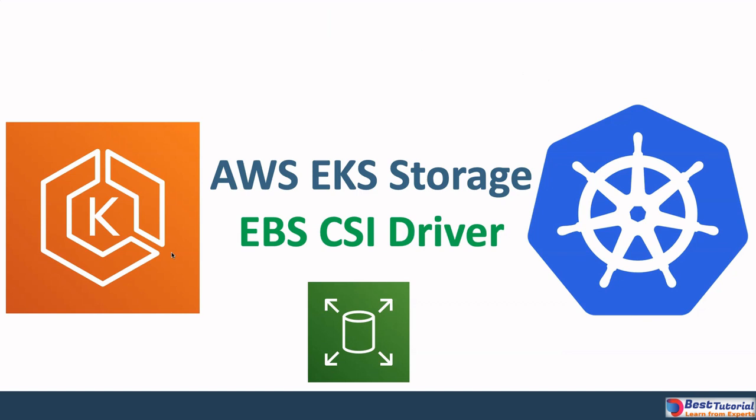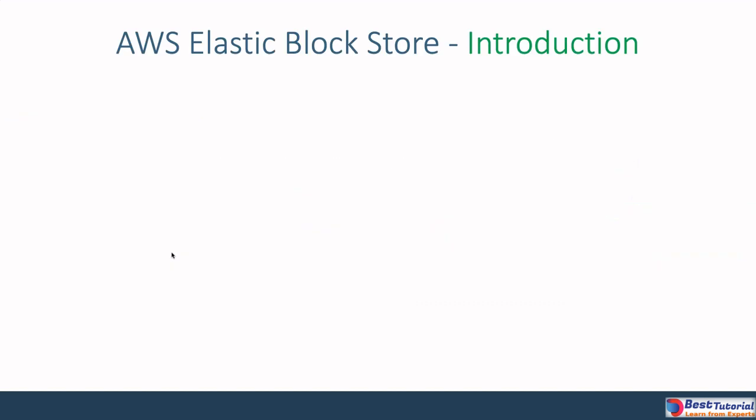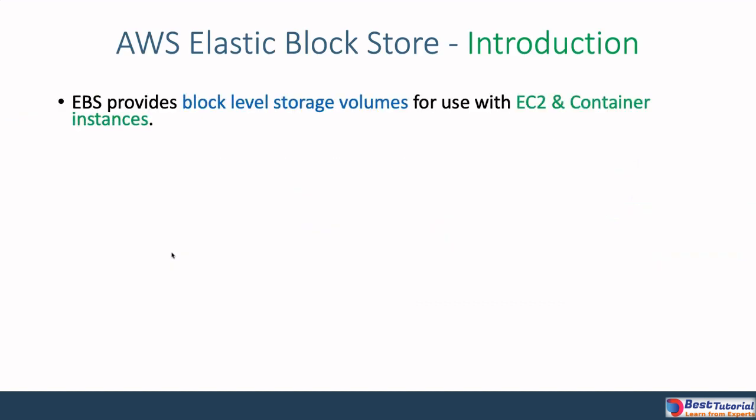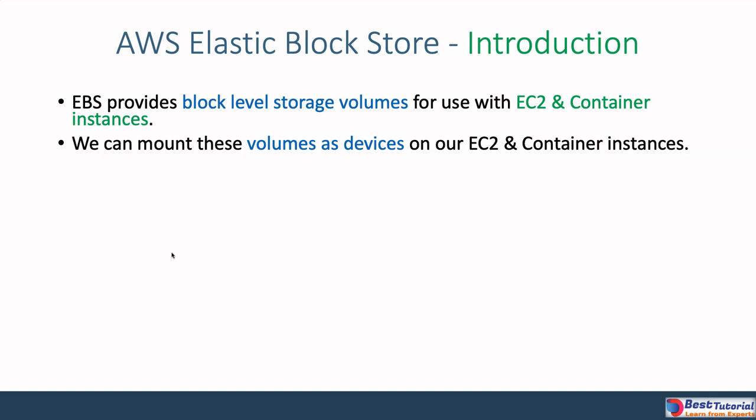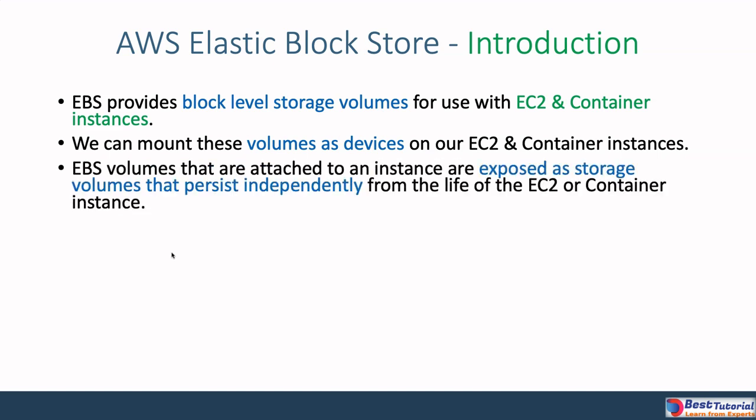Now moving on, let's see a little more about the EBS CSI driver. Before going in, let's understand what Elastic Block Store is. EBS provides block level storage volumes for use with EC2 and container instances. We can mount these volumes as devices on our EC2 or container instances.